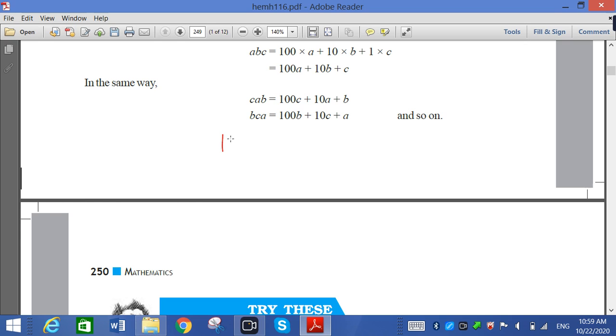Because a 2-digit number is 10A plus B, that is the original number.